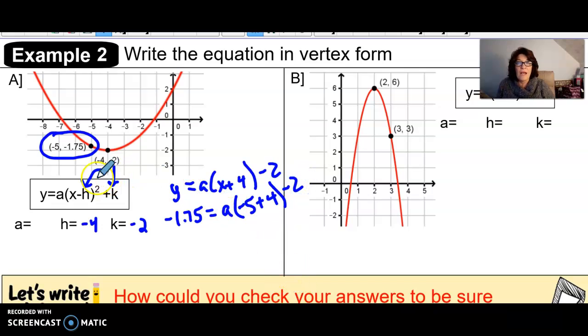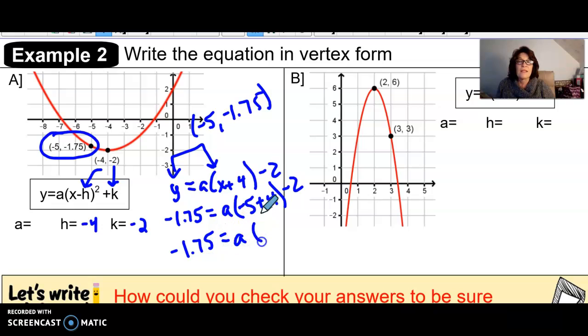Does that make sense? I found my h and k using the vertex, (-4, -2). So I know it's y equals something times (x plus 4) squared minus 2. I'm using the xy point of (-5, -1.75) in this equation. Where there was a y, I put -1.75. Where there's an x, I put -5. So now what I have is -5 plus 4 is -1.